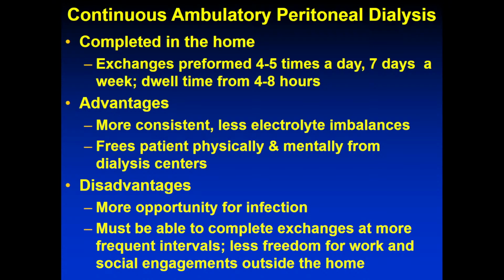It may be completed at home with exchanges of dialysate solution performed 4 to 5 times a day, 7 days a week, dwell time from 4 to 8 hours. What are the advantages? More consistent, less electrolyte imbalances, frees the patient physically and mentally from the dialysis center.